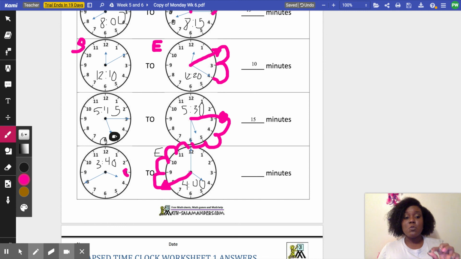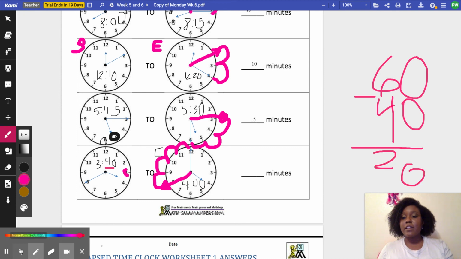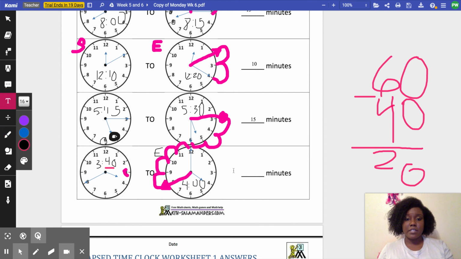So if you want to do subtraction to figure out how much time has passed, you have to put the number 60 because we made it all the way to the next hour. We're going to do 60 minus 40 minutes. 0 minus 0 is 0, and 6 minus 4 is 2. So we were correct when we said it was 20 minutes.